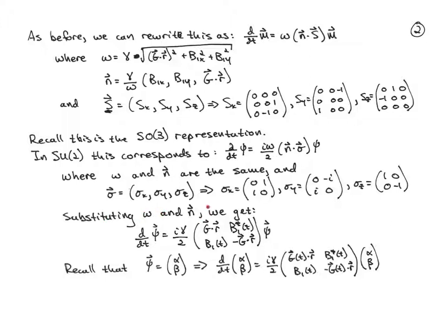Substituting omega and n, we can get this 2x2 equation, and then recall further that the spinor is the vector containing alpha and beta, so we can substitute that in for psi here, and we arrive at this 2x2 Bloch equation.